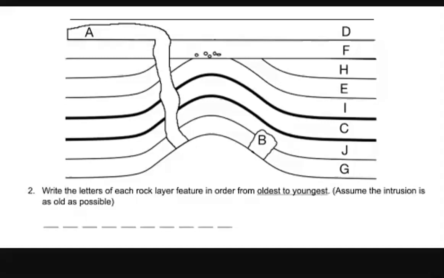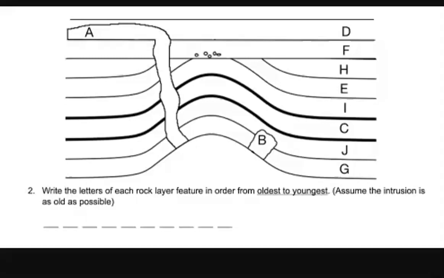All right. So we just went over a lot of stuff that was probably really confusing. We already talked about B. B was the intrusion. Volunteers, what's A? What do we call A? Volunteers to raise your hand and talk with us. B is the intrusion. Lava cutting through the layers, but it doesn't make its own layer.